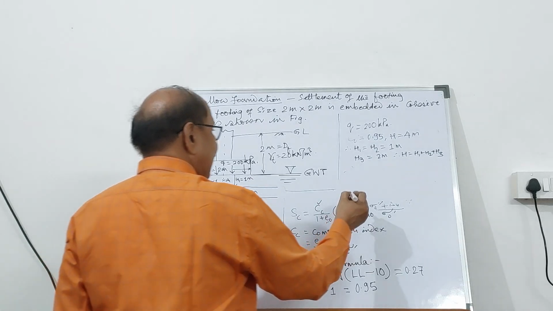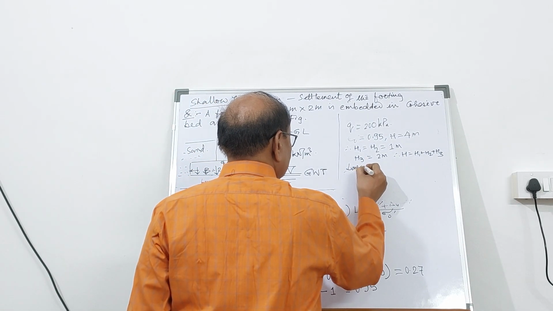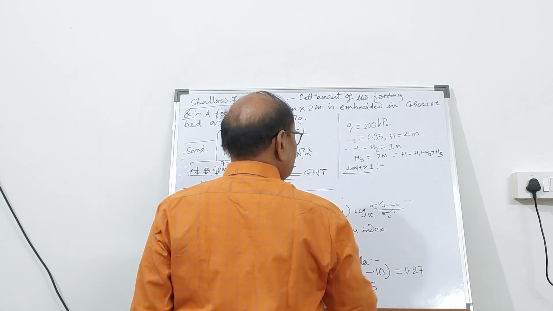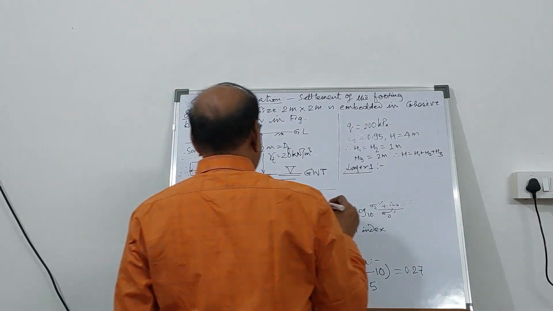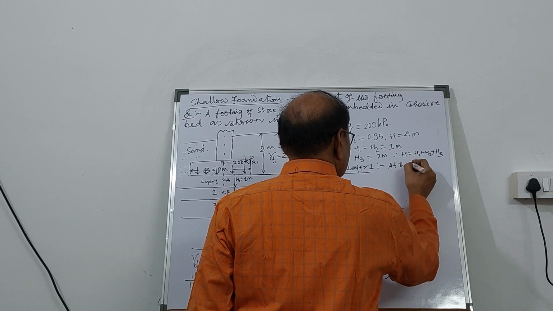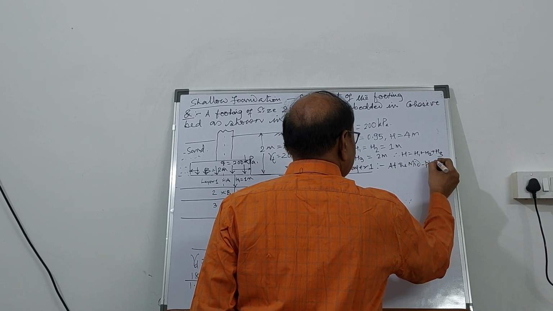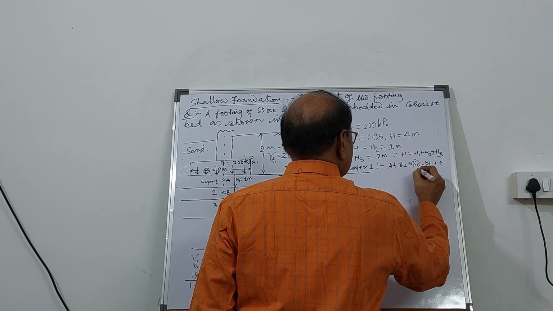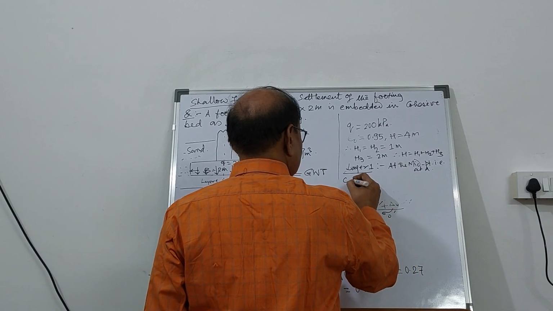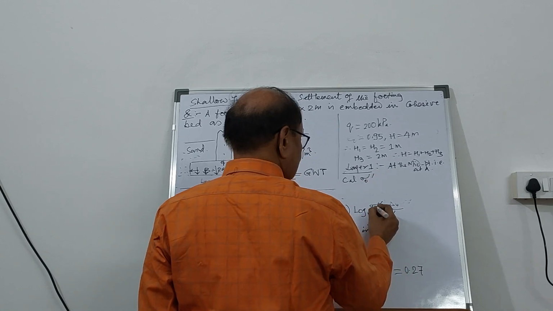What is sigma naught prime? The sigma for layer 1, at the midpoint of layer 1, that is at A. Calculate sigma naught prime, this one.